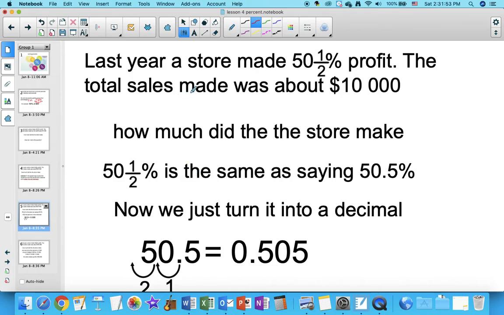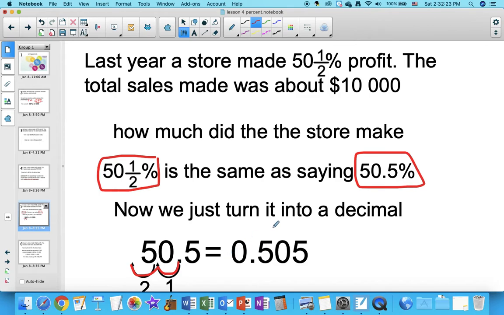So we know that the store made a 50.5% profit, because you know that 1/2 converted into a decimal is 0.5, so that's 50.5. Well, just turn it into a decimal. So now we have 50.5%. We turn it into a decimal like we practiced before. We move the decimal two places to the left, and now we have 0.505.